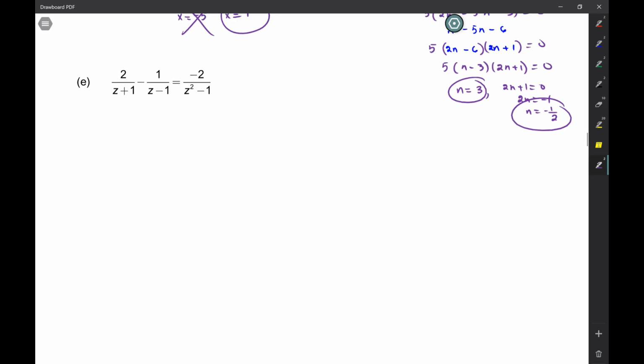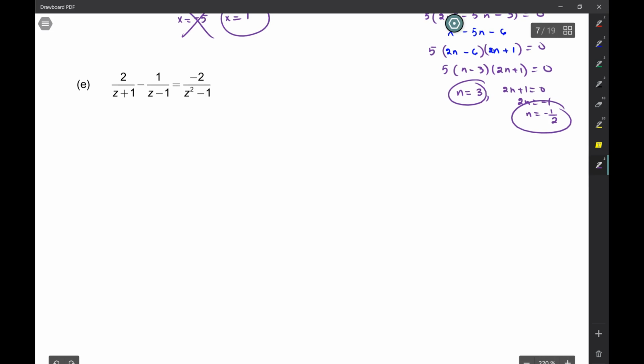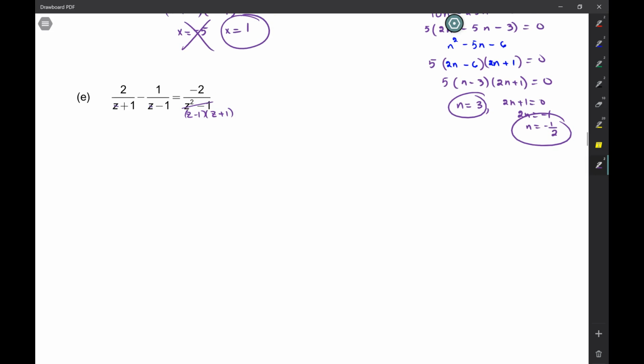Okay, we're going to factor: z minus 1, z plus 1. And you know what? I'm going to cross my z's here because of the 2's. What are my restrictions? Right. Okay, now, what's the LCD? Right, z plus 1, z minus 1.